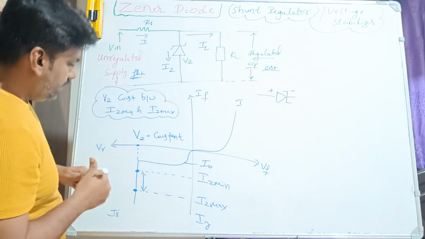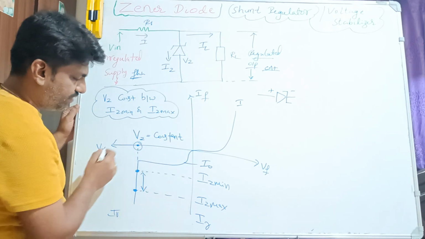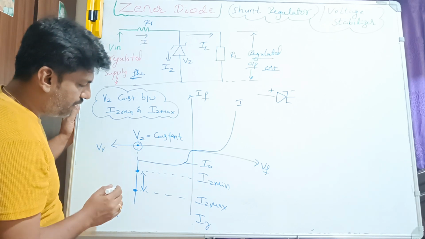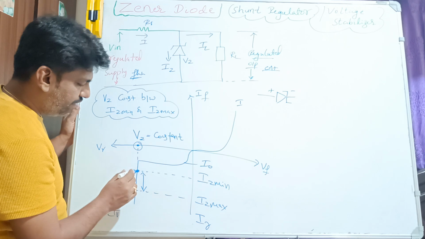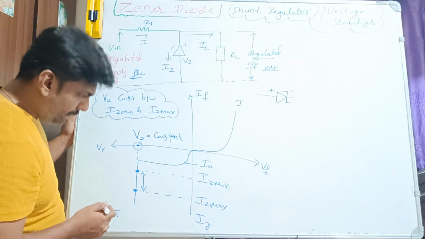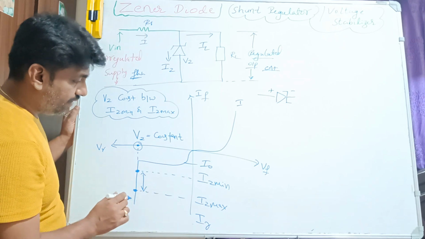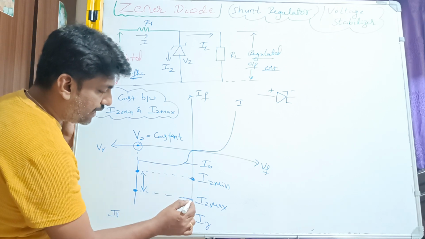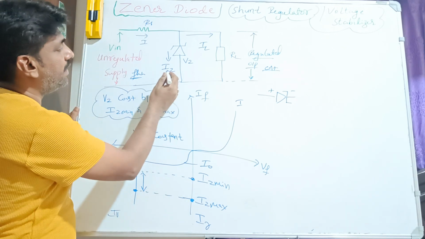So here, this is a point we are very much interested in. At this point, in the previous case breakdown occurs, but now your diode is not going to break. It is going to withstand as long as the current is between IZ minimum and IZ maximum. This is the current IZ.